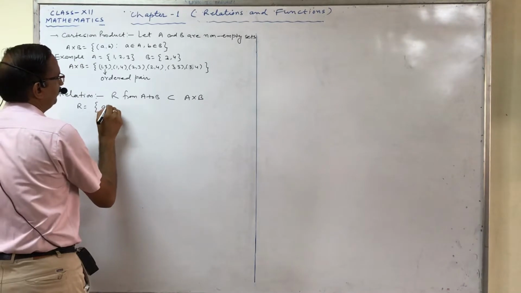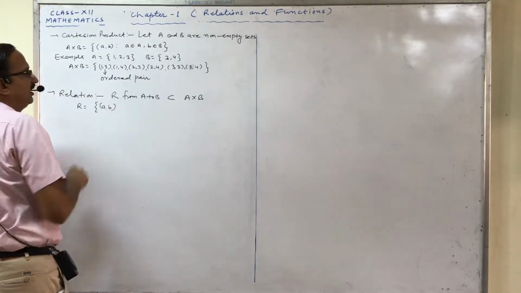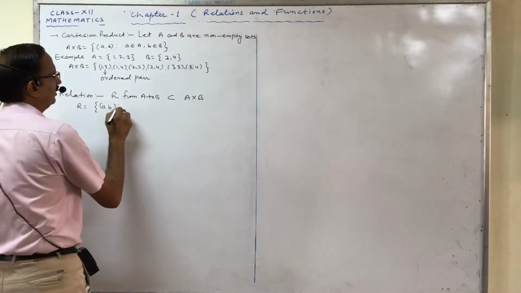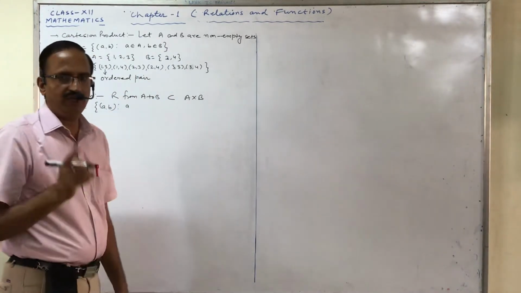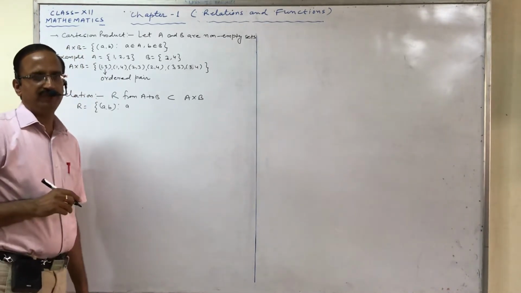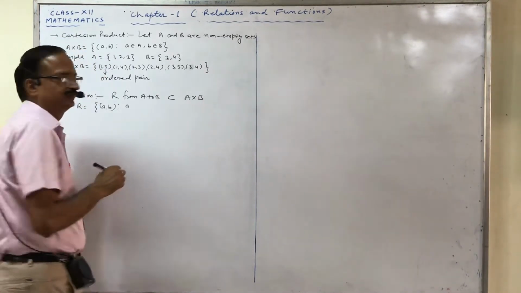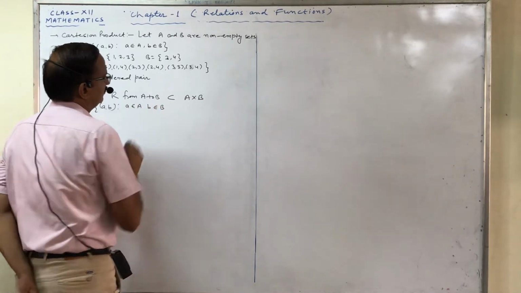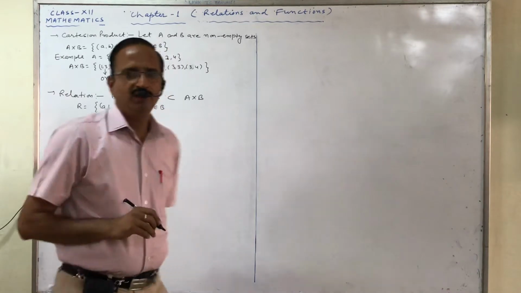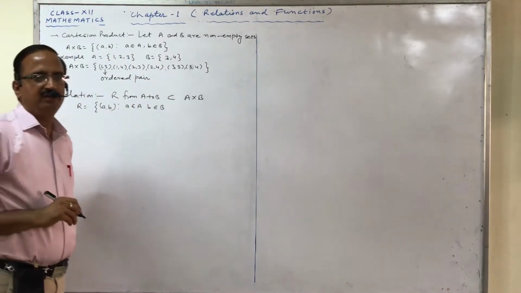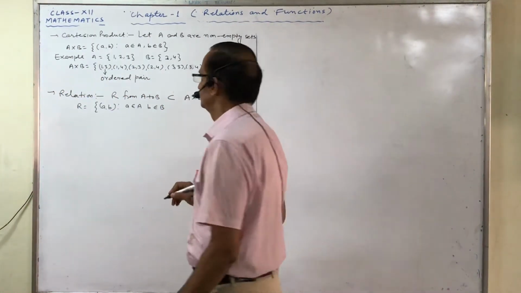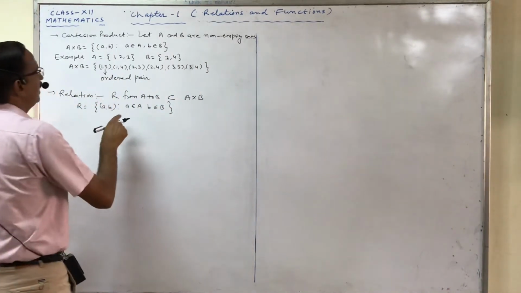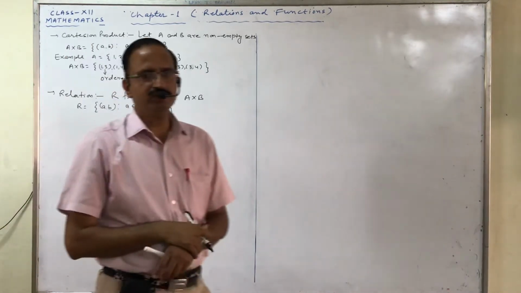A subset of A cross B. So it will also be written in the form of (a, b), meaning an ordered pair, where a belongs to A, b belongs to B. Alright? And this is the subset of A cross B.